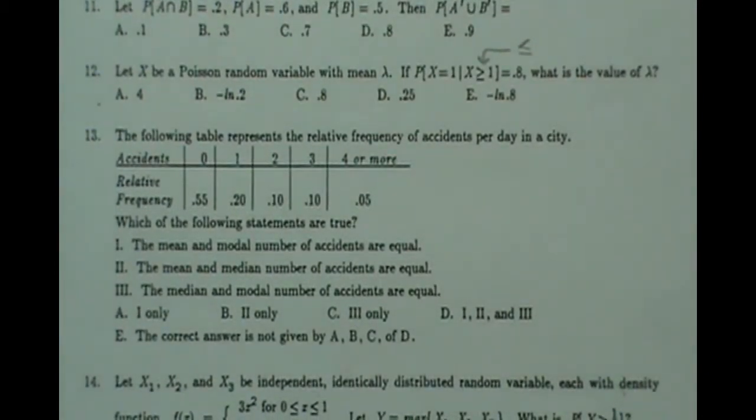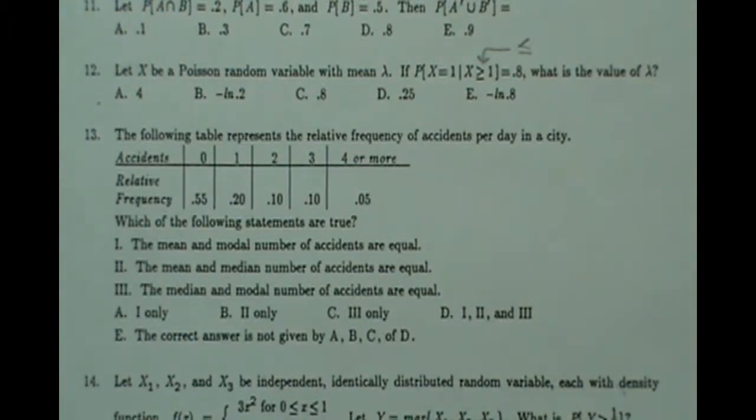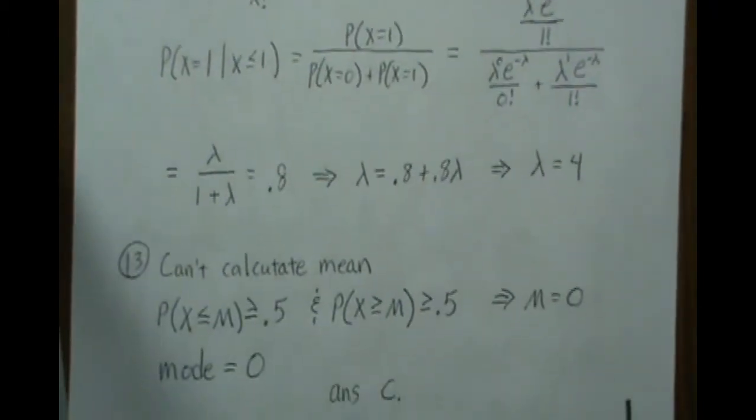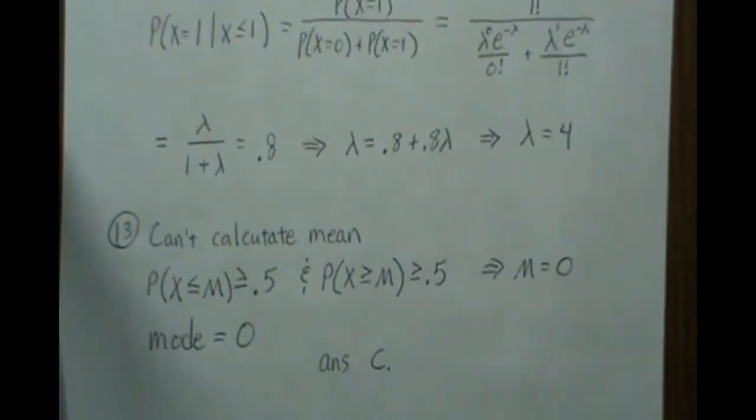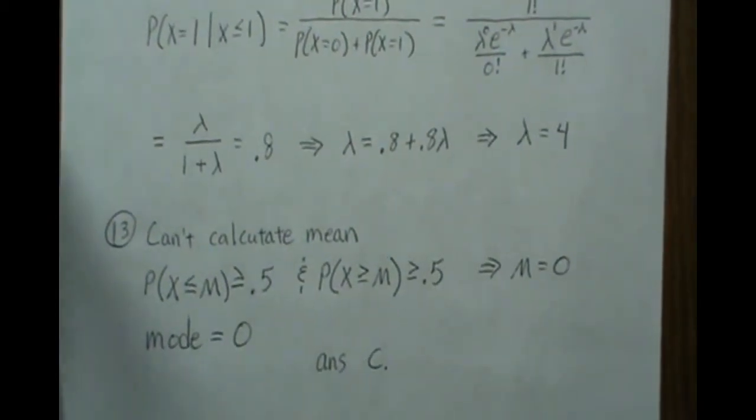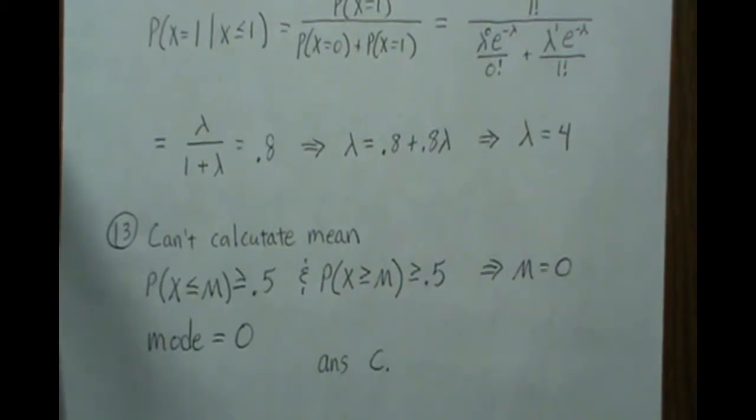Number 13. The following table represents the relative frequency of accidents per day in a city. Which of the following statements are true? Now, for number 13 we're given the table and some statements.